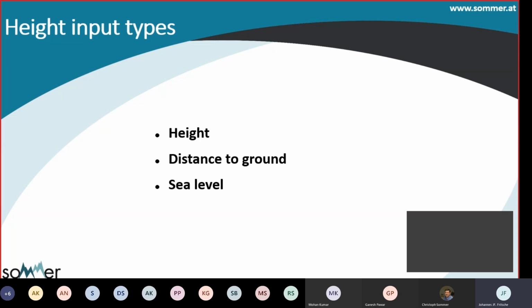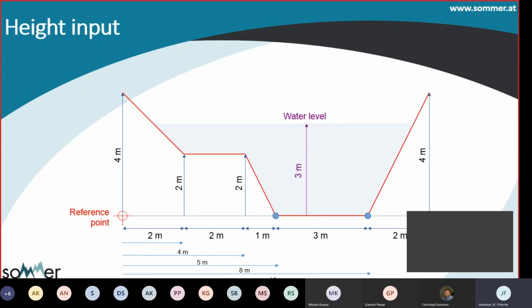So if we start with the height input, this is I would say the easiest method to explain how to record a cross-sectional profile. Here on this illustration, you have a cross-section of a simple channel that is a couple of meters wide and up to 4 meters deep. At the bottom of this channel, with the dotted line, this is our reference level.